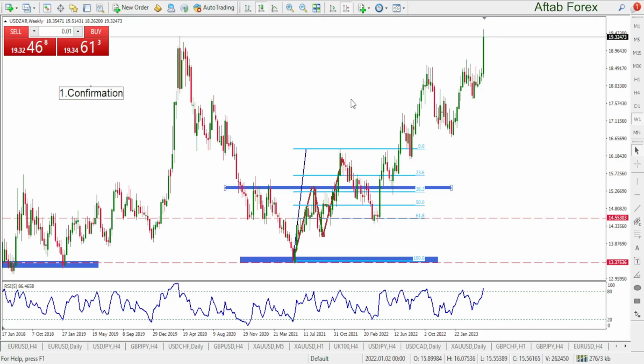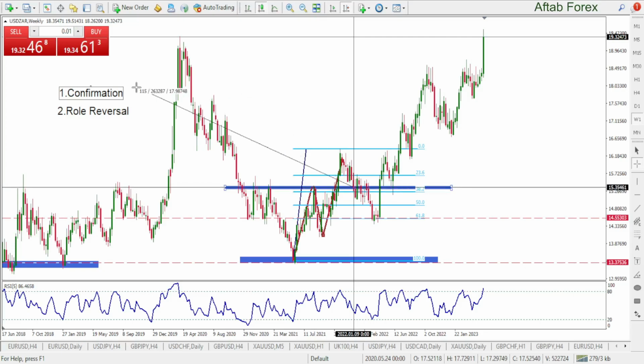So the confirmation. Now the role reversal, I should say. Where is the role reversal? Let me show you that as well. Role reversal. Role reversal is when a level is once broken and retested by the price. Just have a look at it. One was this one.